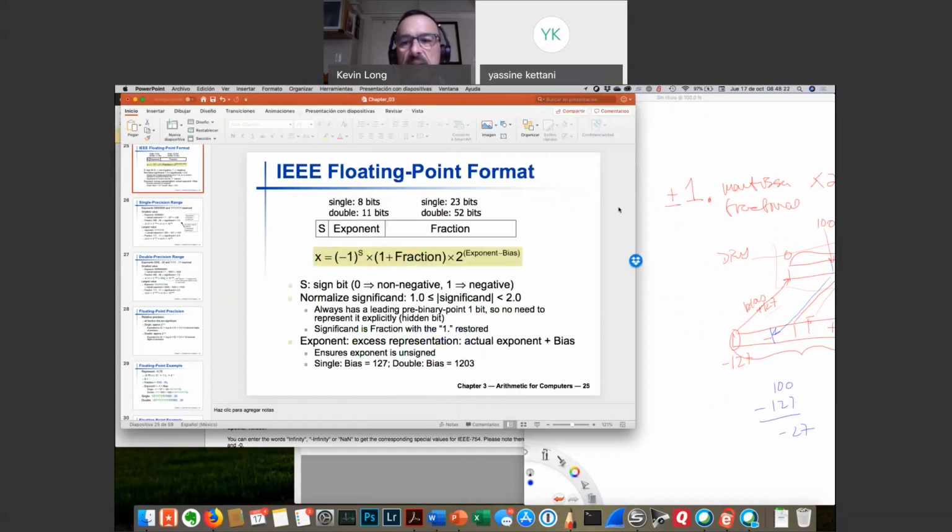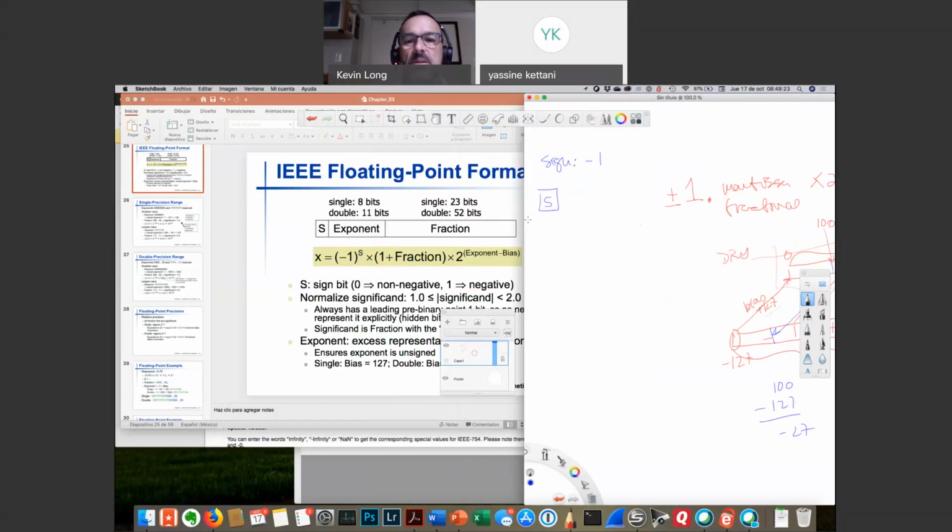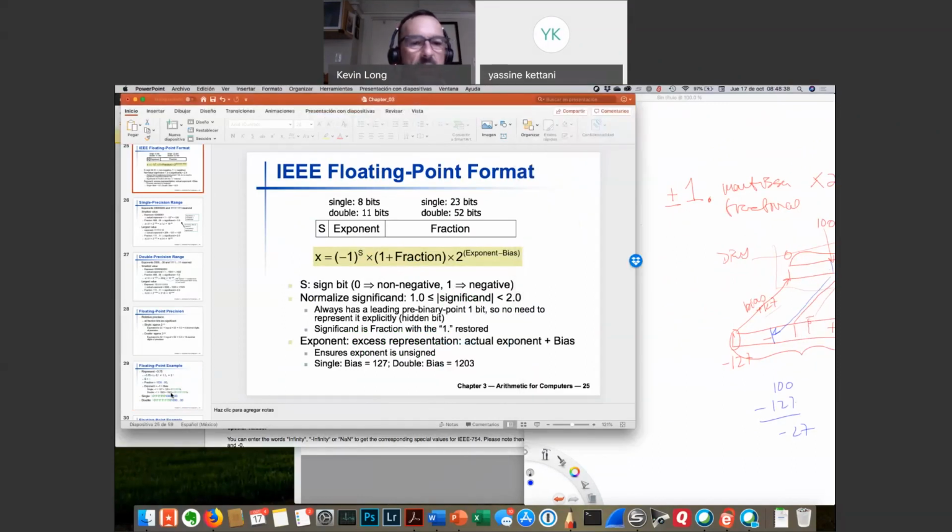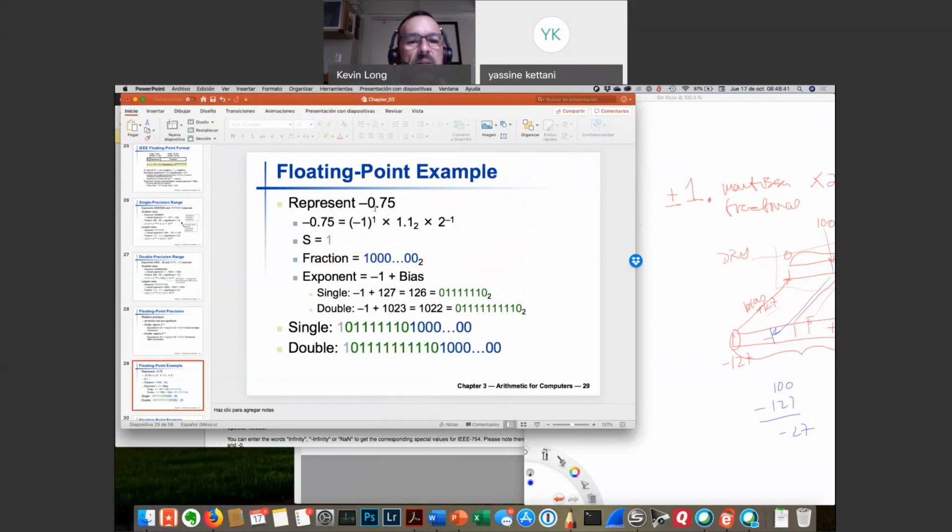It's minus 1 to the sign bit. In the case of the sign bit, since it's a 1, this equates to minus 1 times the implied one, and then we have the fraction. Go back over to where we were. Minus 1 to the 1 times, now what is 0.75?